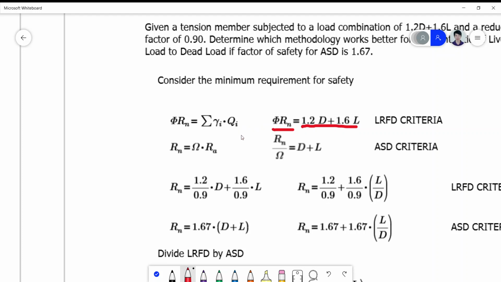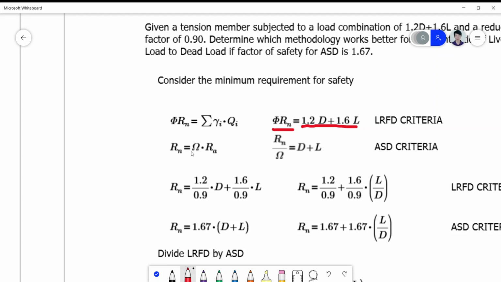Okay, so if we set an iteration on i equals 1 to 2, your 1 will be the dead and your 2 will be the live. Okay, so that's how to put things into order. Okay, for the ASD criteria, our simple equation is simply the resistance is equal to a factor of safety multiplied by the load, or simply the required strength.